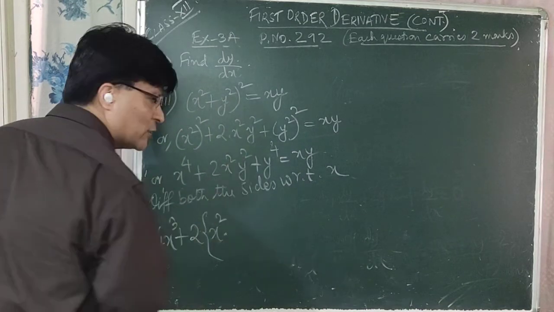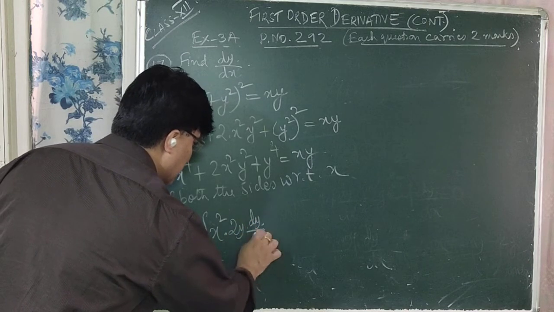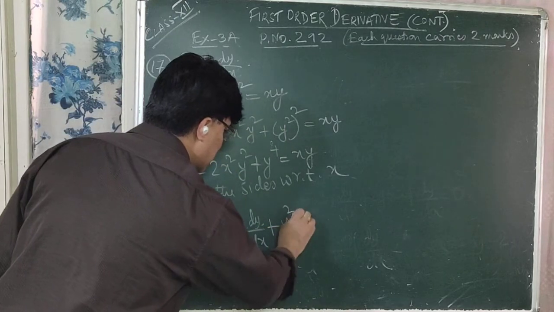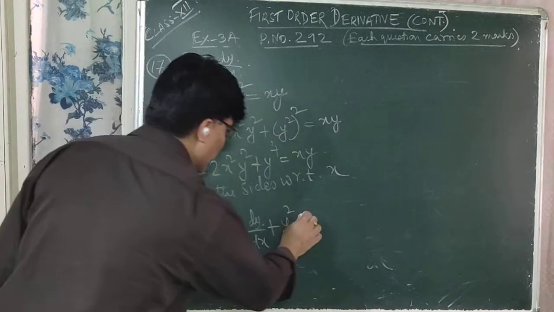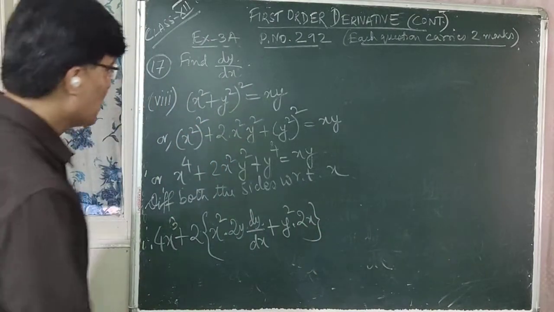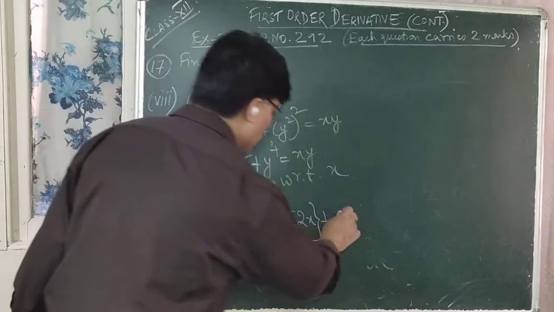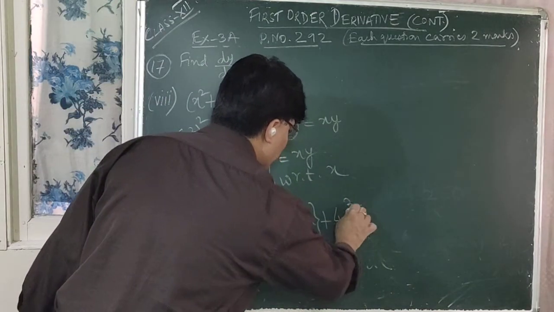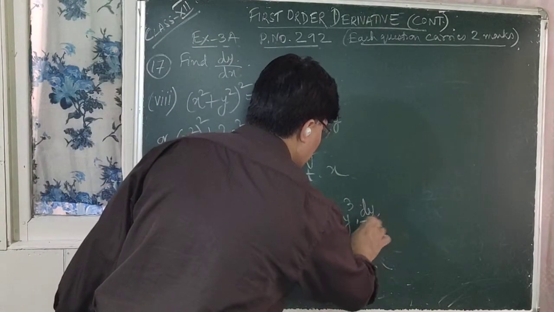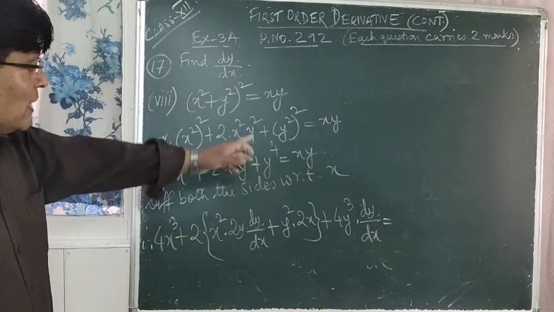What is the differentiation of y square with respect to x? 2y into dy by dx plus, now y square is kept as it is into what is the differentiation of x square? It is 2x. So here second bracket is closed. Plus next, what is the differentiation of y to the power 4? It is 4y cube into, but we are differentiating it with respect to x, so it is dy by dx, right? Which is equal to, now on the right hand side, x into y is there.